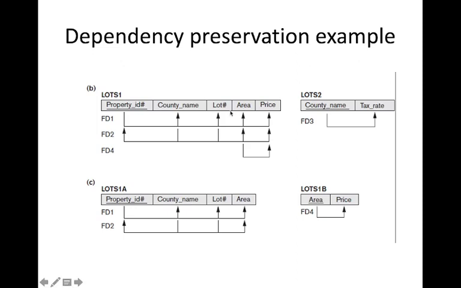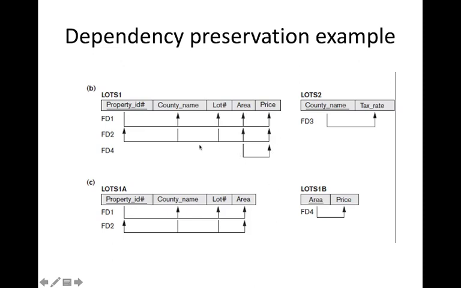So we'll see an example of dependency preservation. We have already seen this example when we studied the third normal form: the Lots 1 and Lots 2 relations. After decomposition, we get Lots 1 and Lots 2. Now there is a functional dependency area to price. It is in second normal form, but not in third normal form, because area is not a super key and price is not a prime attribute.